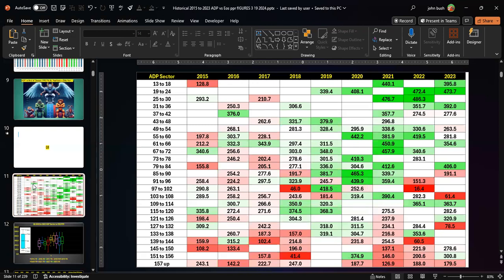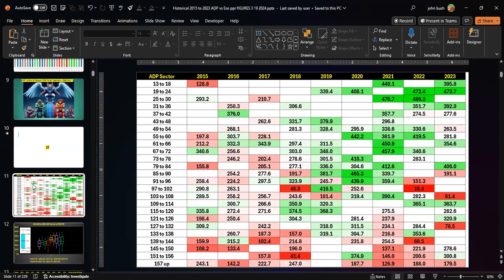chart here, Dennis, is ADP sector, where I broke it into halves of each round, into sixes. So I'm assuming 12 players. If you only play in 10, then you can get your database and break into fives.